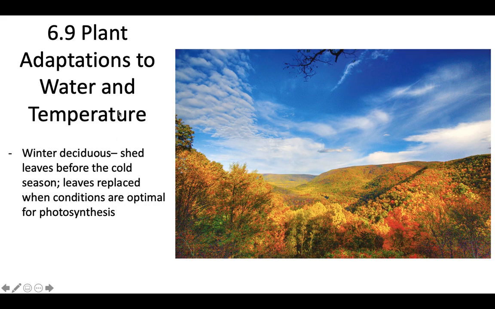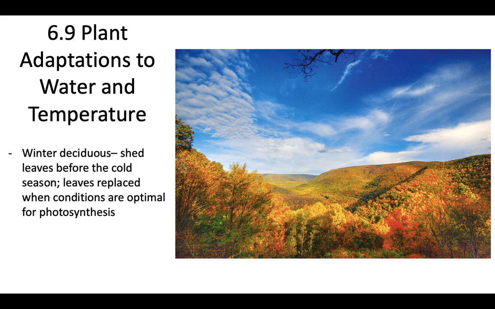Another plant adaptation to water and temperature availability is winter deciduous trees, which hopefully we'll see around here in Pennsylvania. I don't know if we've had enough cool days yet. Winter deciduous trees shed their leaves before the cold season, because during the cold season there's less light availability, and less of an opportunity for the leaves to be photosynthesizing.